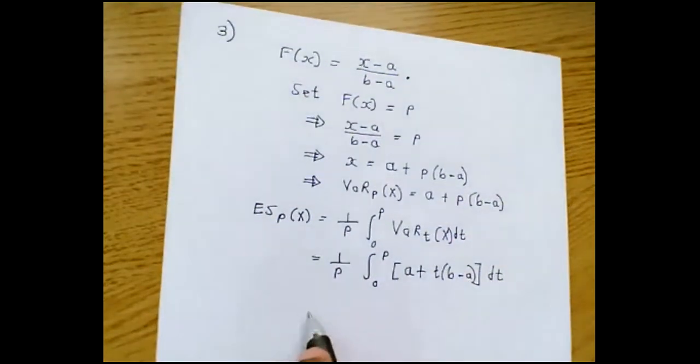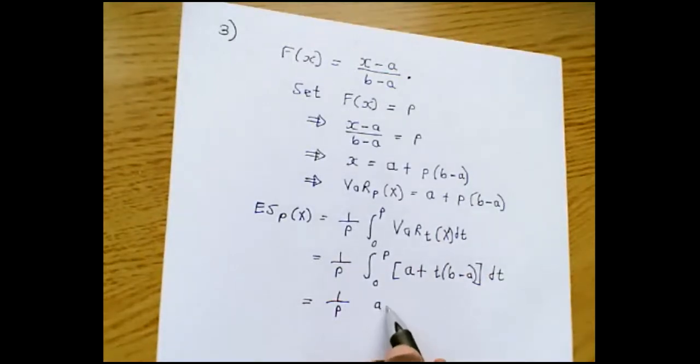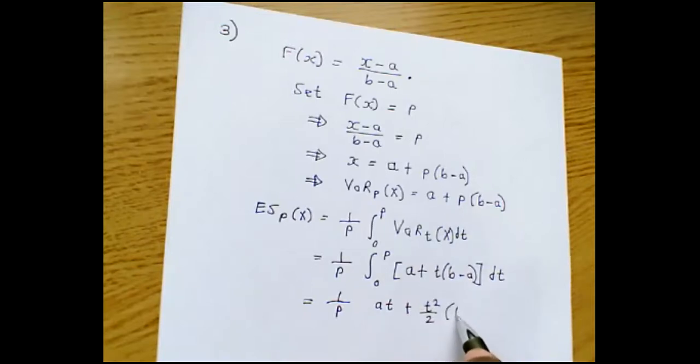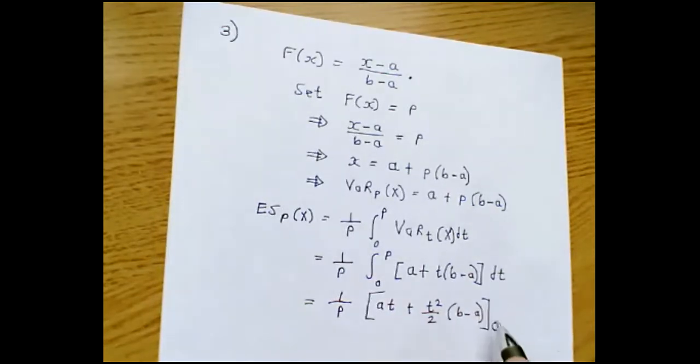If you integrate this, you get 1 over p times A t plus t squared by 2 times B minus A. You take the limits 0 to p.